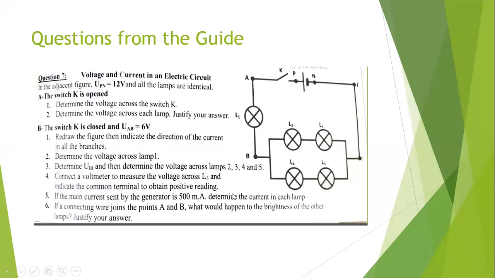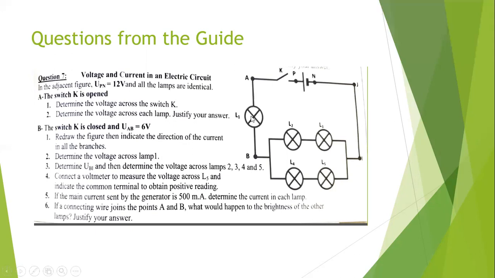Now, in part 5, if the main current sent by the generator is 500 milliampere, determine the current in each lamp. So he said that the main current I is 500 milliampere.